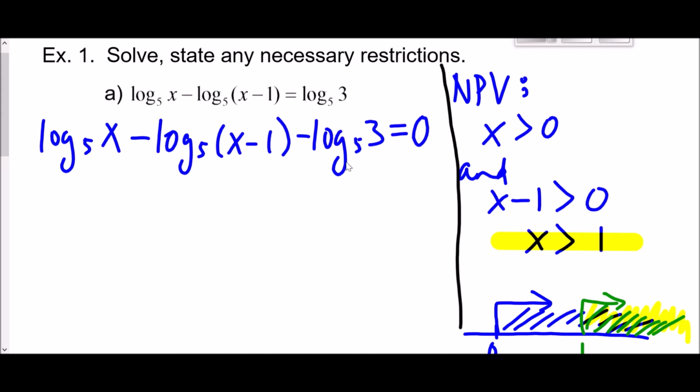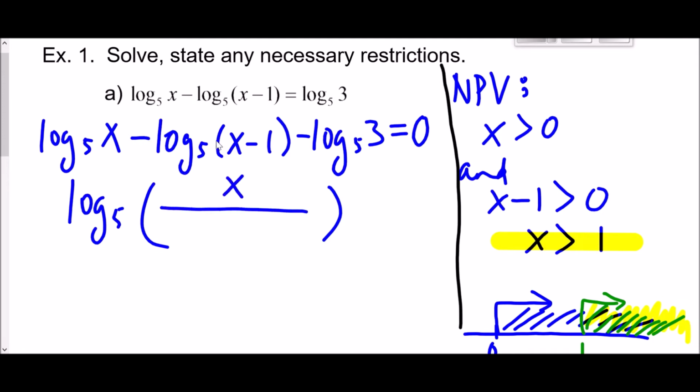Okay, then as you can see, log base 5, log base 5, log base 5. So we can apply the laws of logarithms. So minus means divide. So log base 5, and then put everything here. x minus means divide, x minus 1.